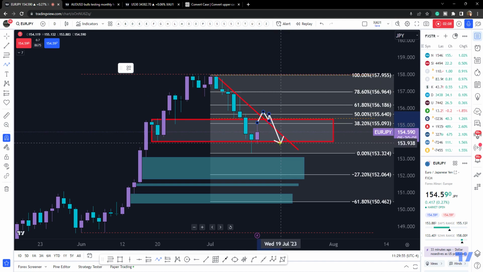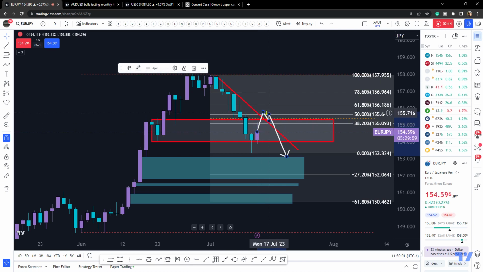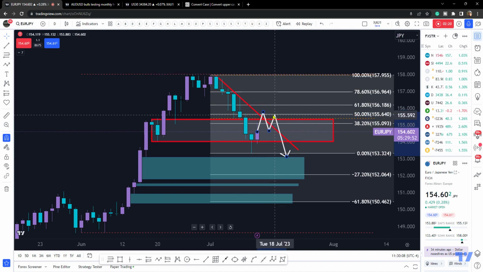So we've got two scenarios. The downside scenario: testing the trend line, moving in and around the trend line, and then if this fails to continue higher, then likely coming lower.